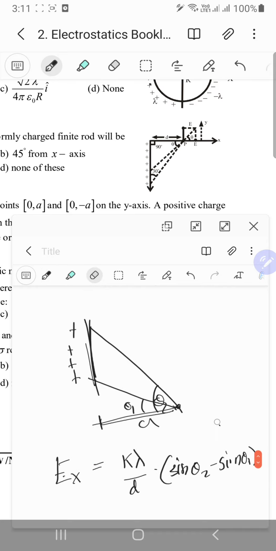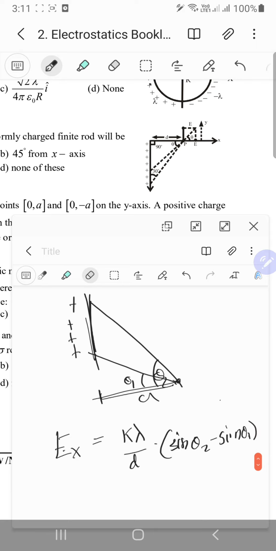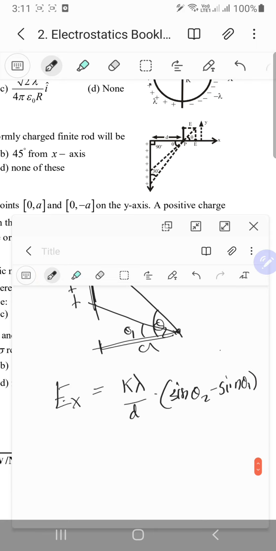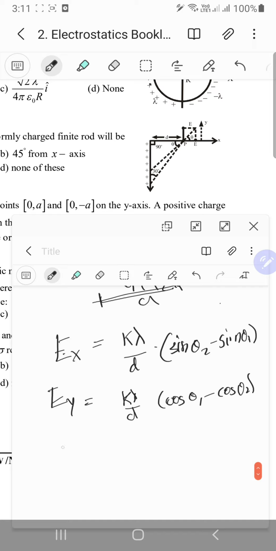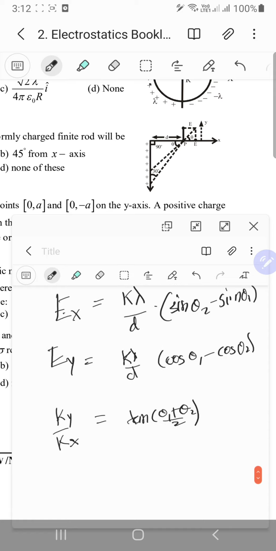Yeah, and our Ey is k lambda by d cosine of theta 1 minus cosine of theta 2. Cool. So basically all you have is that Ey upon Ex, we just want to find the direction, right? So Ey upon Ex, after doing all the algebra, you just get tan of (theta 1 plus theta 2) upon 2. Okay, so let's just start putting stuff into this.